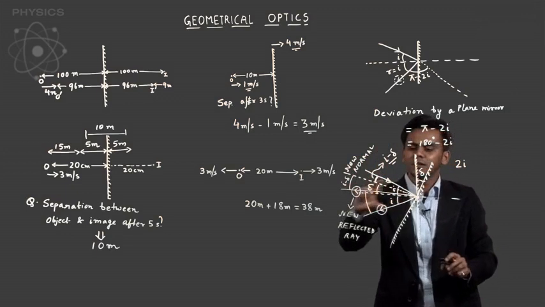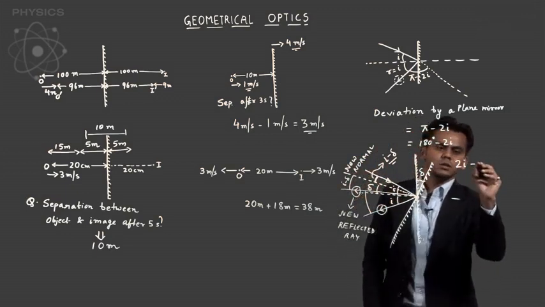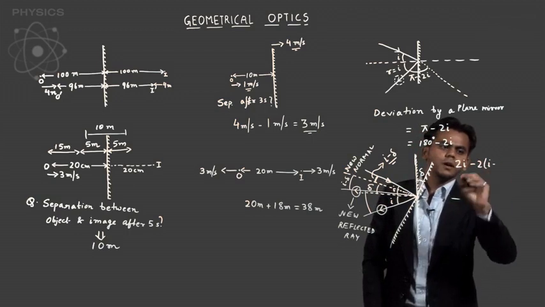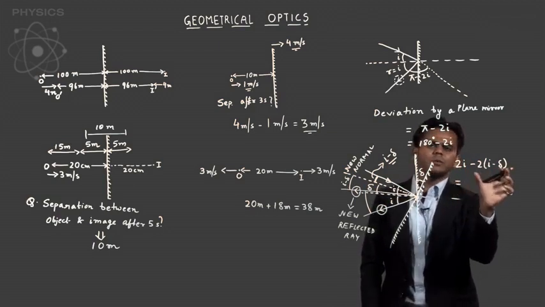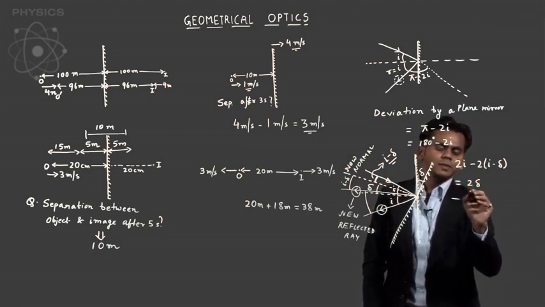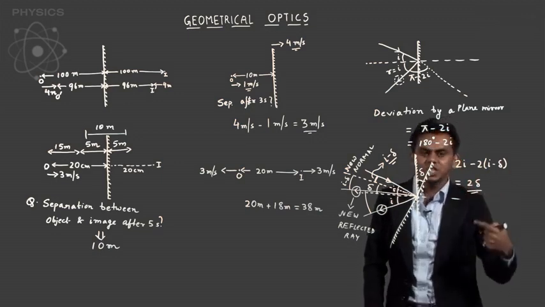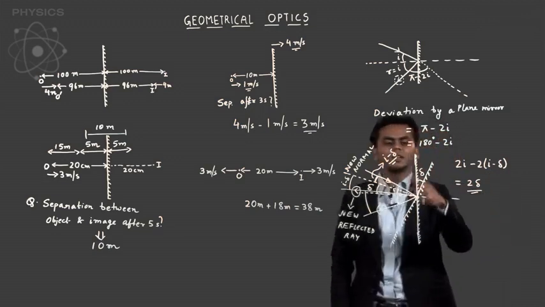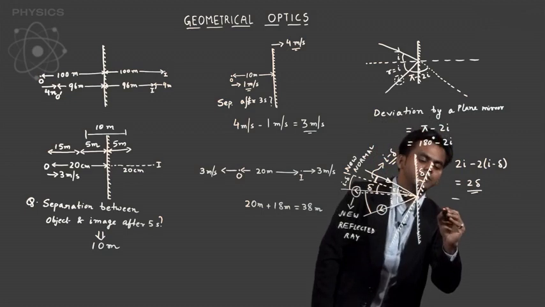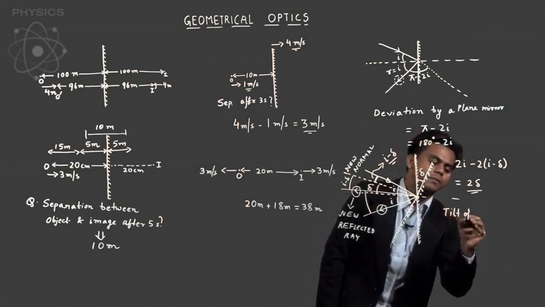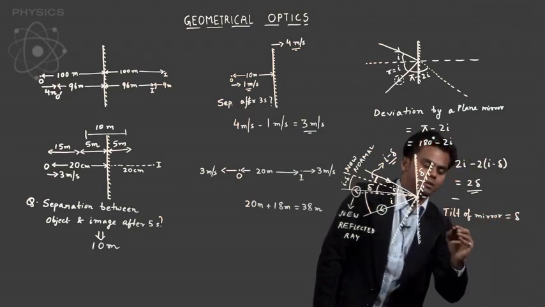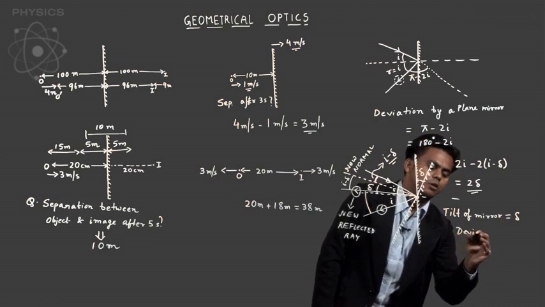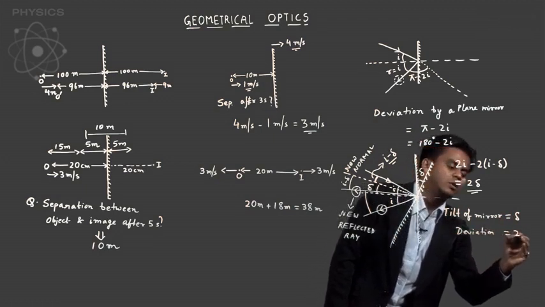That would be 2I minus twice of I minus delta, and this would give you, if you open up the bracket, 2I goes away, you have minus minus plus 2 delta, which means this is your deviation or deflection produced by tilting the mirror by delta. So if the tilt of the mirror is of delta, the deviation or deflection would be of twice that amount.